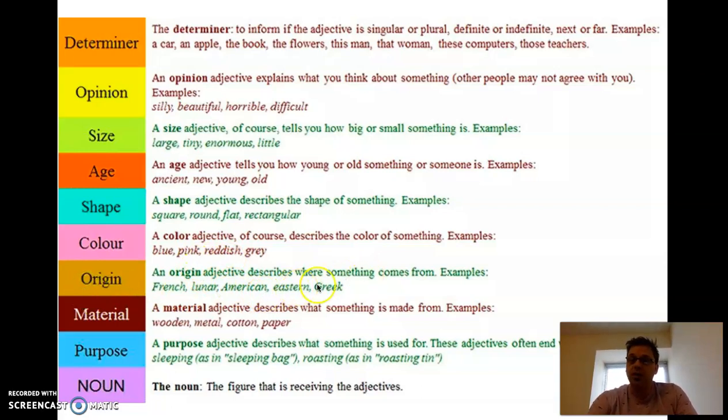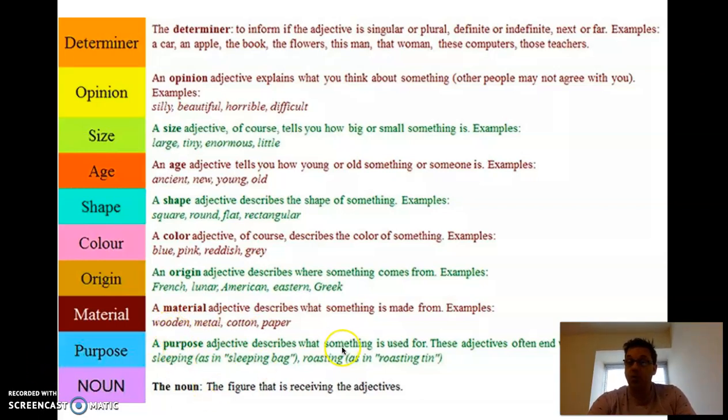Origin tells us where something comes from. Often these are the country adjectives. French food, an American car, Greek salad, but also words like lunar and Eastern. The material, the things that something is made out of, such as wooden or metal or cotton or paper. I am eating salad out of a wooden bowl.